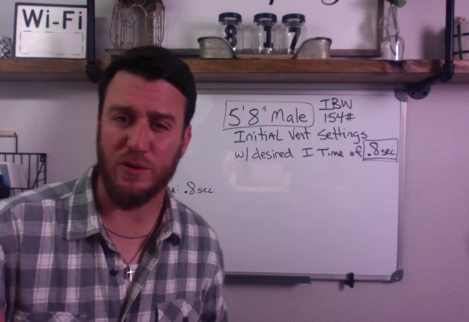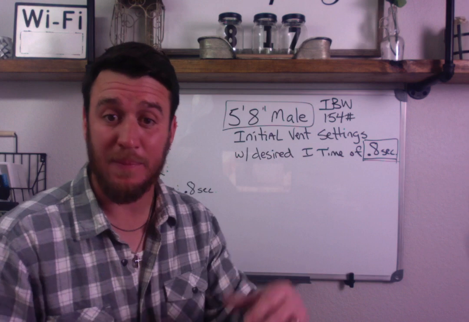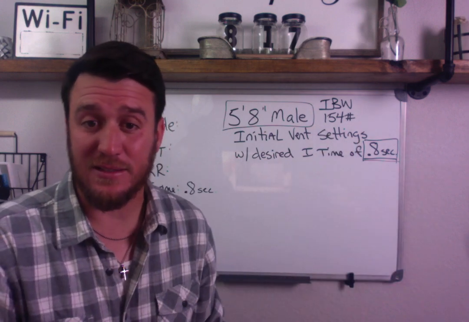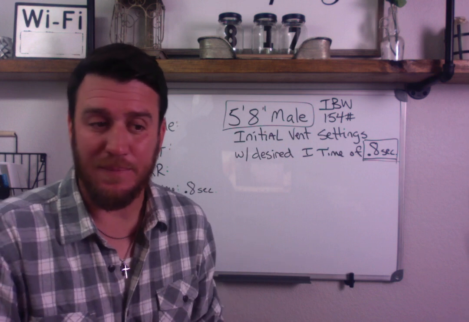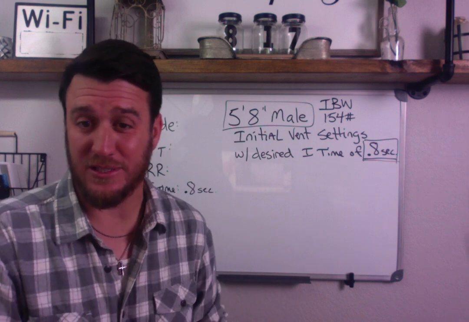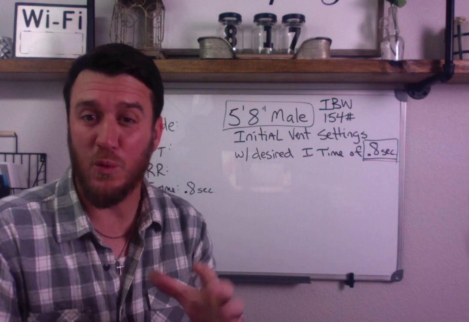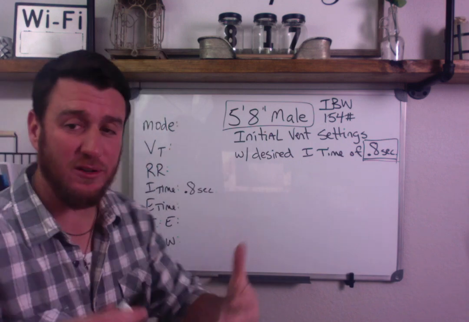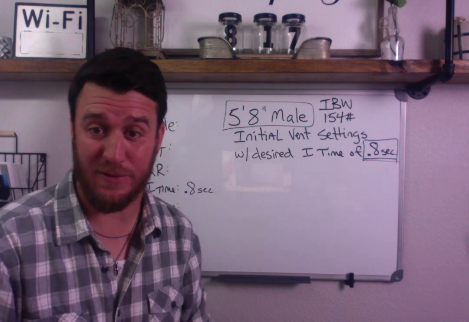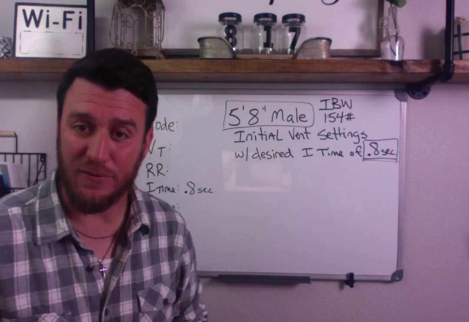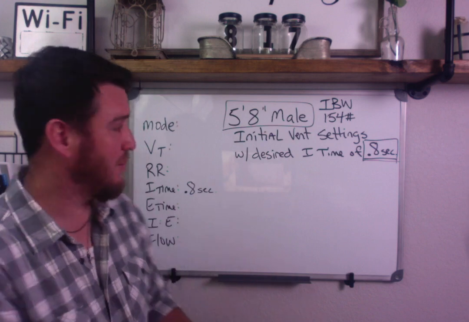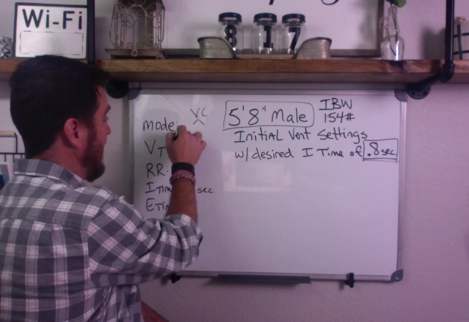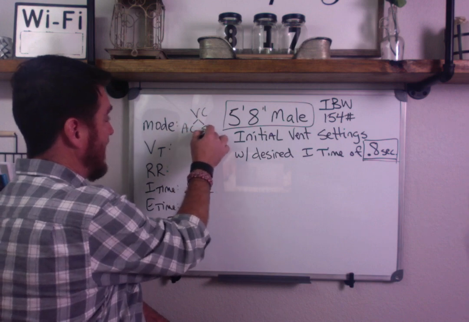Now, in pressure control, this is real easy because you're just going to set the peak inspiratory pressure and set the 0.8 seconds, and you have your I time set, and there is no tidal volume set, so that's going to vary in that mode. But here we are specifically being asked for a tidal volume, which tells us that we're going to set that tidal volume. If we set the tidal volume, then that tells us right off the bat that when it comes to mode, we're dealing with volume control, and this is either going to be AC or SIMV.